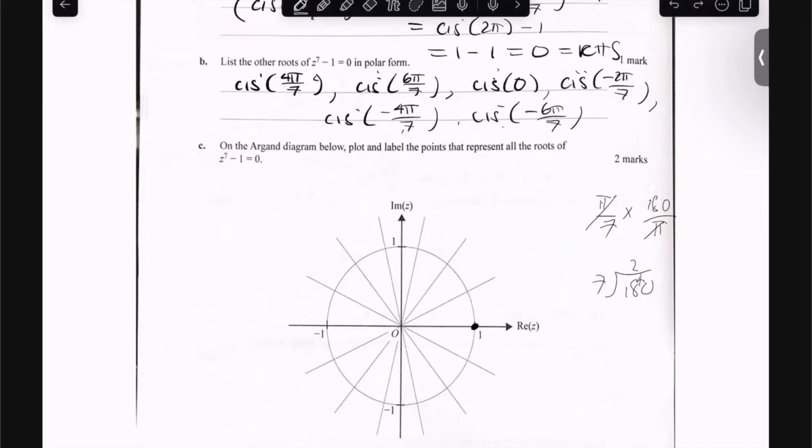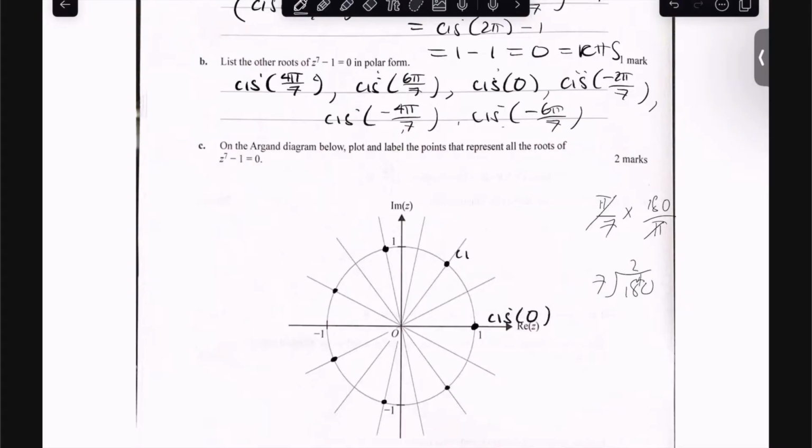So you've got cis 2 pi on 7 is the next one. Then add another 2 pi on 7, which is here. Add another 2 pi on 7, which is here. Another 2 here, here, here. Alright, so you have to label them all, which is a little bit annoying. So this is cis 0.